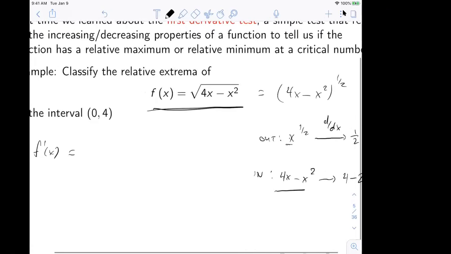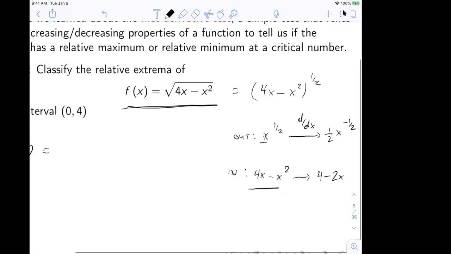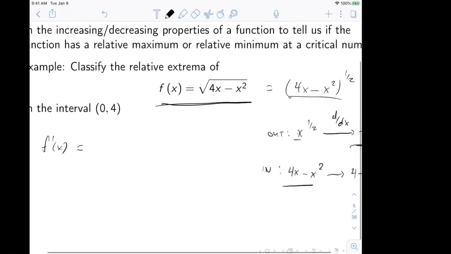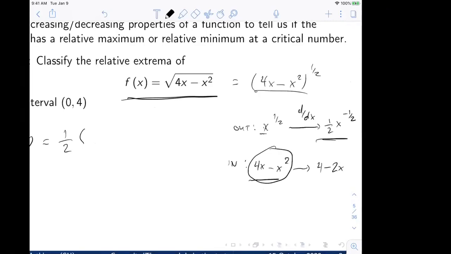All right, so the chain rule says the derivative of this composition is going to be the derivative of the outside, so 1/2 of, evaluated at the inside. So 1/2 times 4x minus x squared to the minus 1/2, times the derivative of the inside, so times 4 minus 2x.